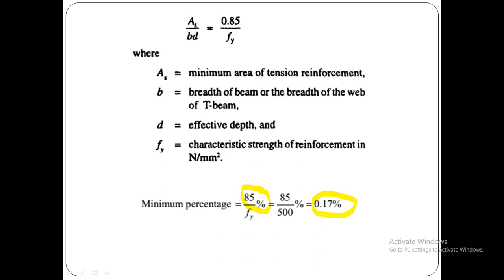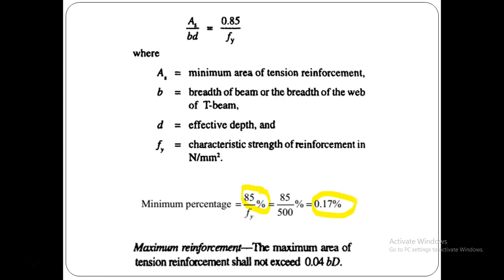So the thing is that here just one trick is to be known, that 0.85 is to be converted into 85 percentage, since they want it in terms of percentage, and that is the reason 0.85 has been converted into 85 percentage, and the final answer is 0.17 percentage.